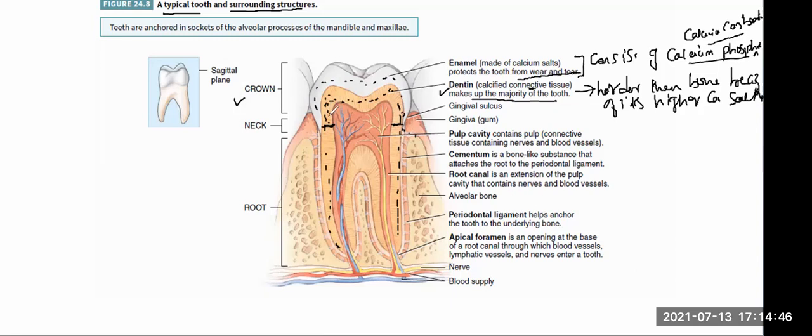And then we have not discussed the function of dentin. The main function of dentin is that it gives shape and rigidity to the teeth, right? And enamel also prevents dentin from acid attack.